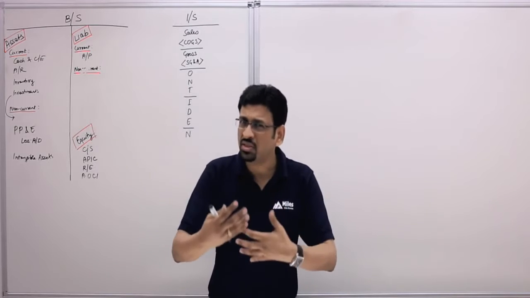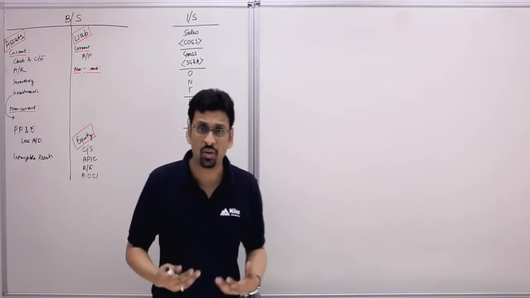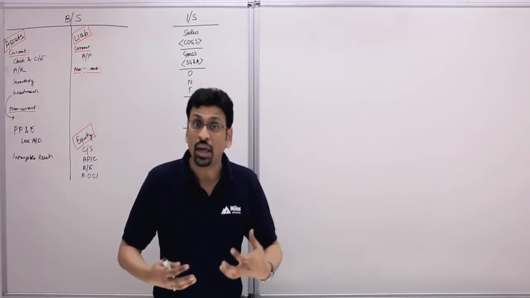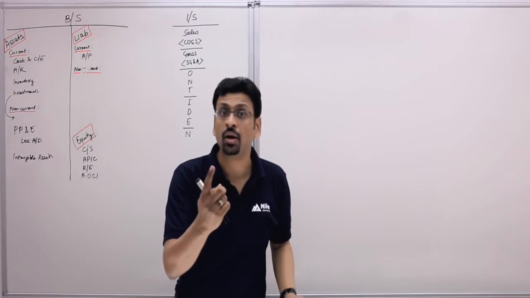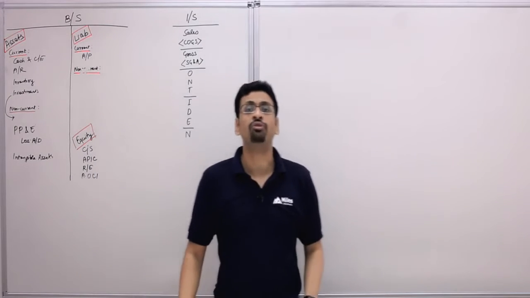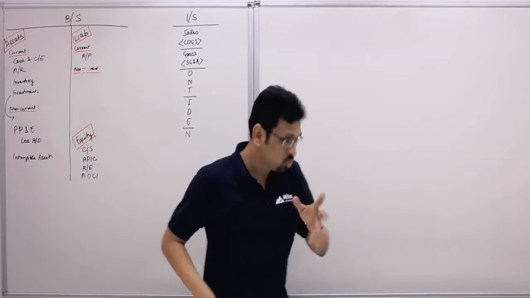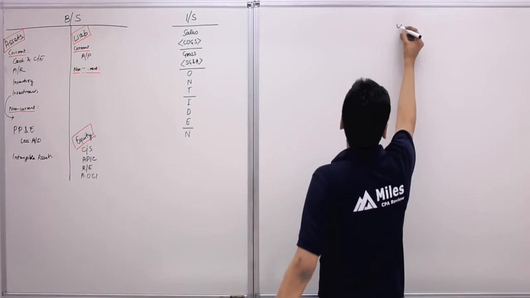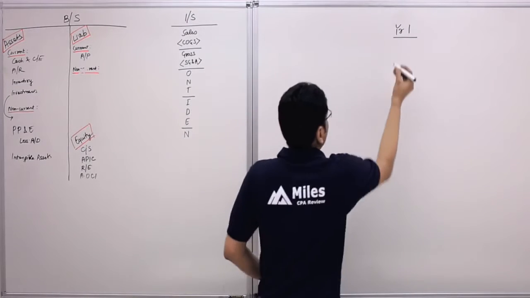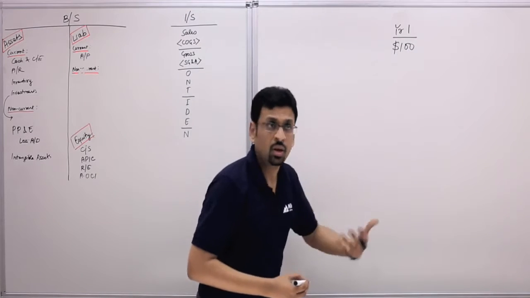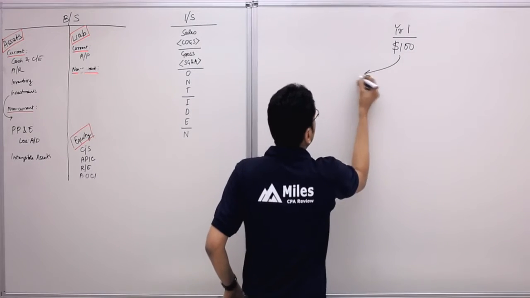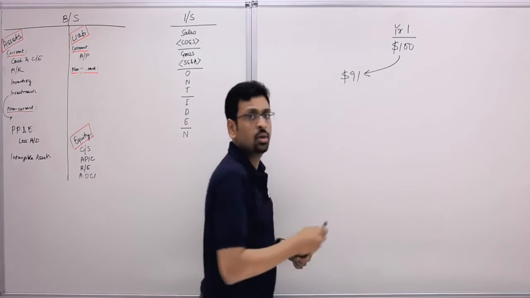So guys, what this means is the $91 that I'm ready to pay now is growing to $100 in 1 year. Guys, that is the concept of time value of money. So let me put it here. What we can see is $100 after a year is worth $91 today.